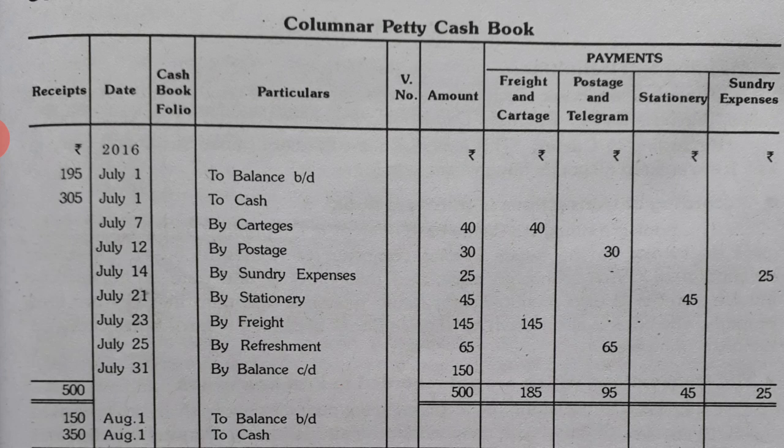Stationery and refill of the same nature, and sundry expenses. So these expenses can be written under different heads. From the total amount, paid amount is subtracted and balance is carried forward to the next month. And whatever amount is deducted, it means falls short, it is again collected from the head cashier to continue for the next month.